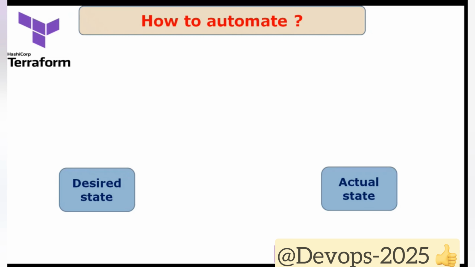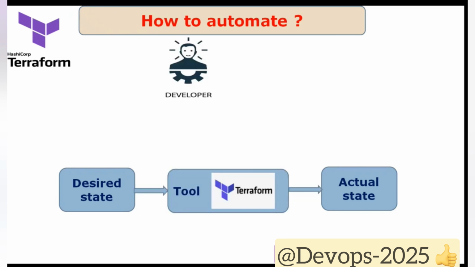Whenever we use this concept, how do you tell the desired state? We do it through a configuration file. For example, you need 10 servers. As the developer, you need to write a configuration file.